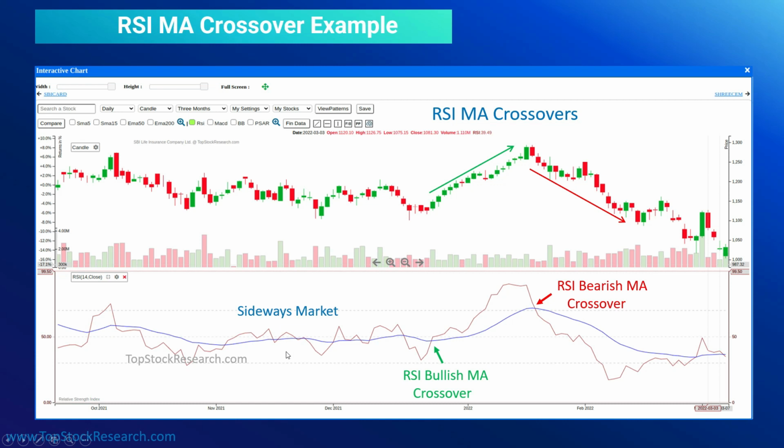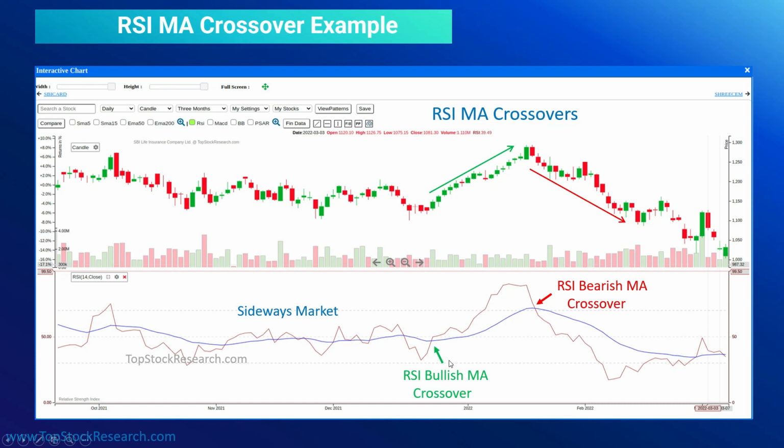There'll be quite a few stop losses, but once it crosses after a choppy market, when RSI really crosses and there are certain good trends, this gives you a very good bullish signal. Similarly, in a proper trending market, when RSI goes below the moving average, it will give you a proper bearish signal. So this is another strategy a lot of analysts follow.